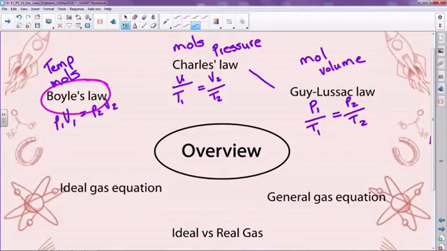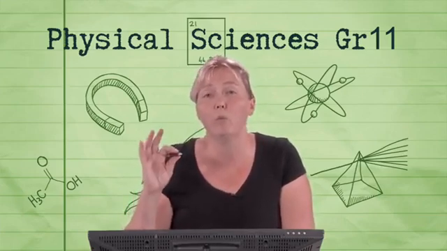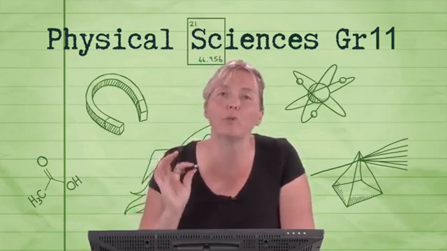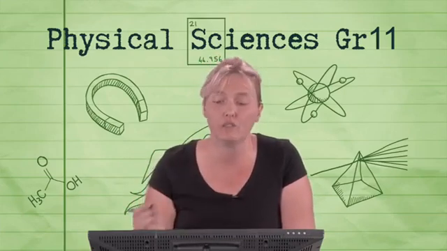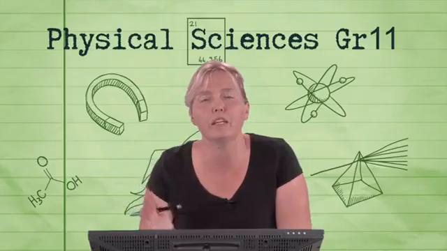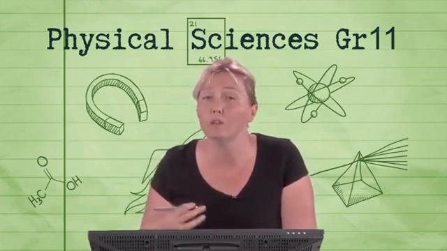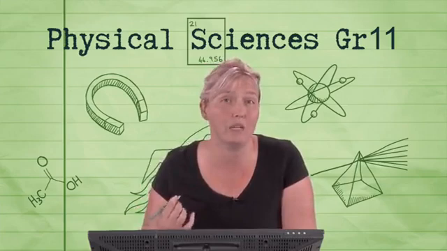Now, for both of these laws, what we found is that there is a relationship between either the volume and the temperature, or the pressure and the temperature. But it is directly proportional when we change our temperature scale to something called the Kelvin. Hopefully you remember what a Kelvin is. 0 Kelvin is minus 273 degrees Celsius, or 0 Celsius is 273 Kelvin.